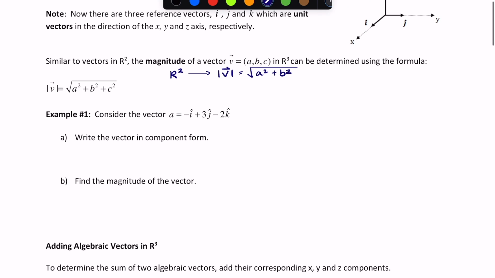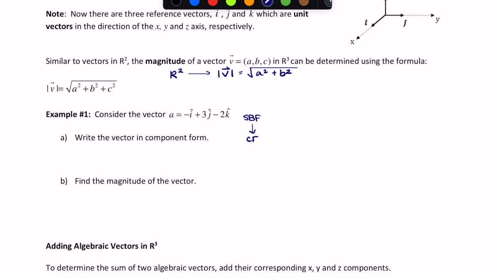Okay, so let's look at this first example. It says consider the vector a is equal to negative i plus 3j minus 2k. So that's in our standard basis form, and it wants us to write it in component form.